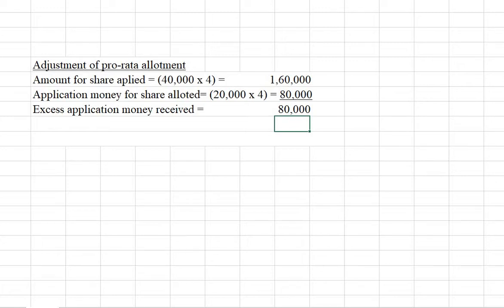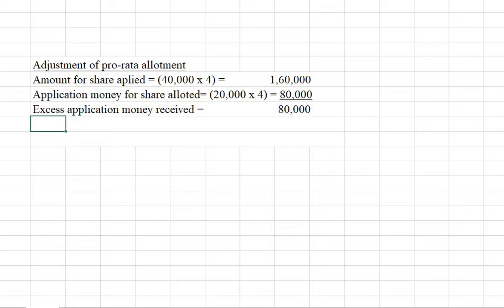The remaining is the excess money that is to be adjusted, since we are allotting pro-rata. It will be adjusted to allotment, and afterwards if there is any remaining amount, that will be adjusted to the first column. So let us see now how much can be transferred to allotment.